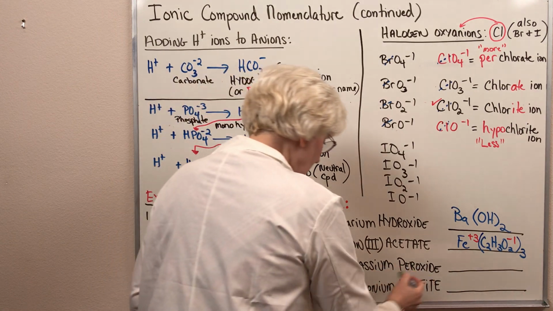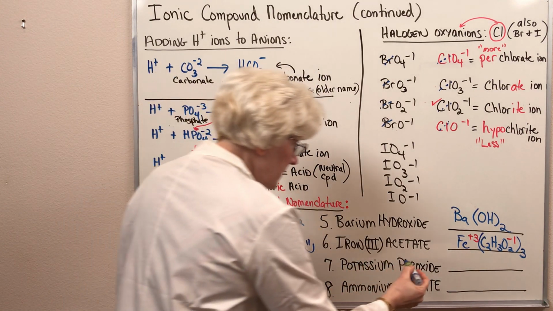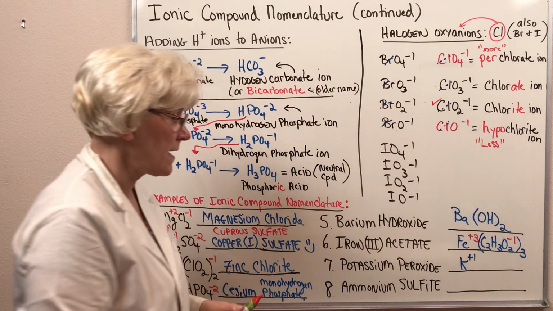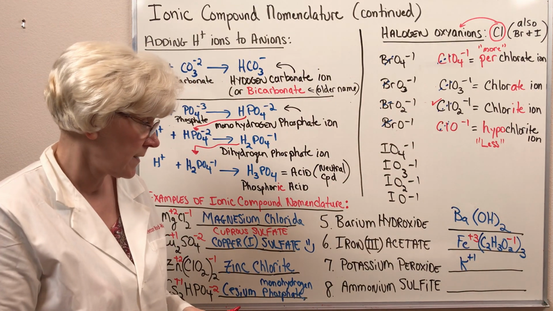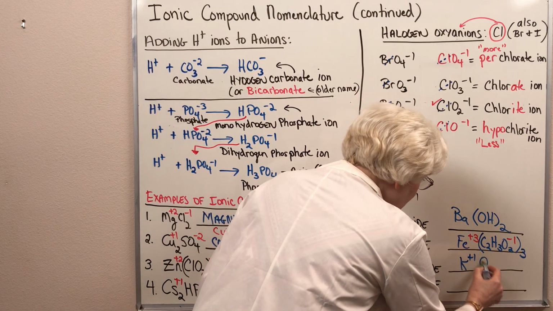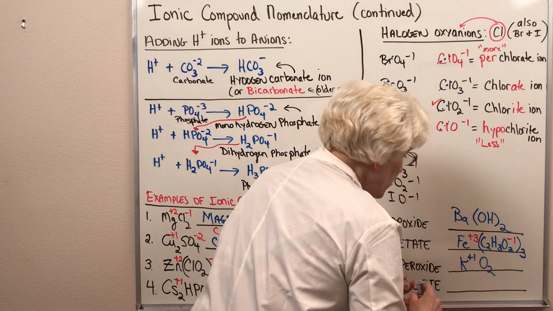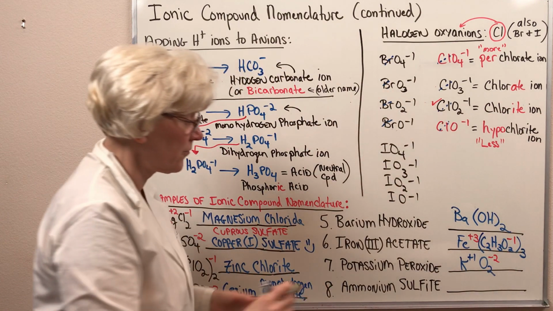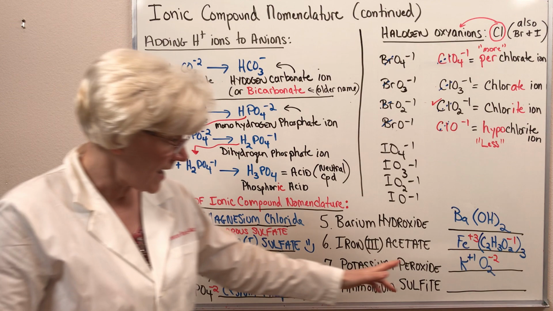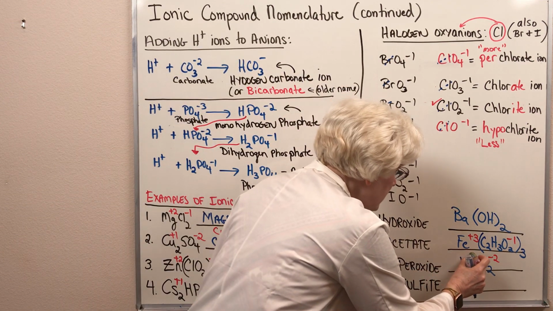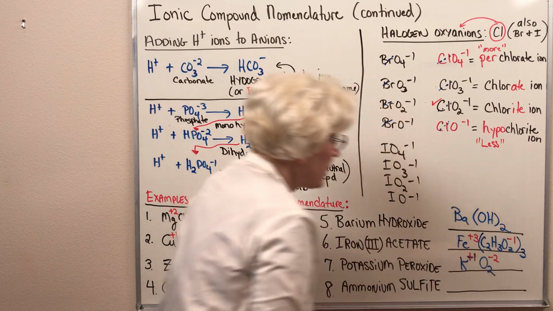Now looking at potassium peroxide, potassium, an alkali metal with a +1 charge, peroxide, a polyatomic anion, O2, with a -2 charge overall. And again, these charges are not adding up to 0. Right?